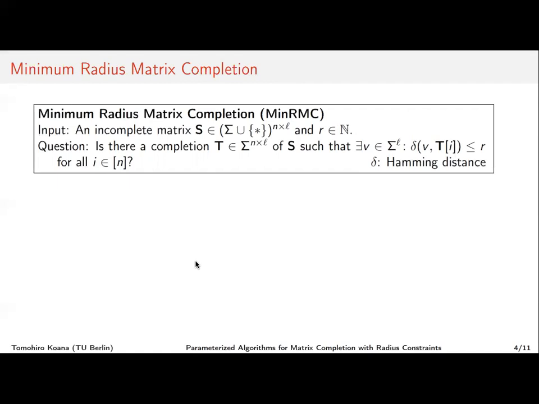The question is to decide whether there's a completion of the input matrix such that there's some center row vector v, which does not contain any missing entry, such that the distance from each row is bounded by r for each row in the completed matrix.